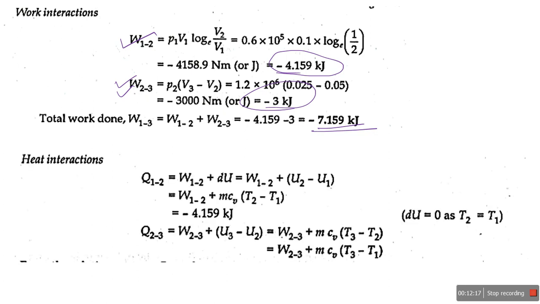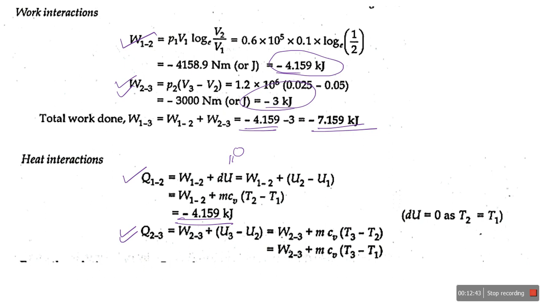Now we calculate heat. For 1 to 2, the isothermal process, the change in internal energy is 0. So heat supply is nothing but the amount of work done on the system. For the isothermal process it is minus 4.159.